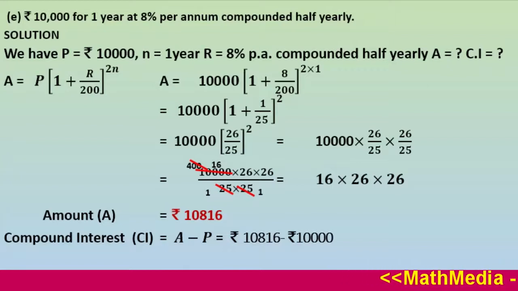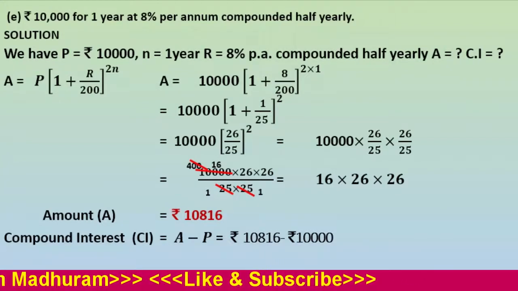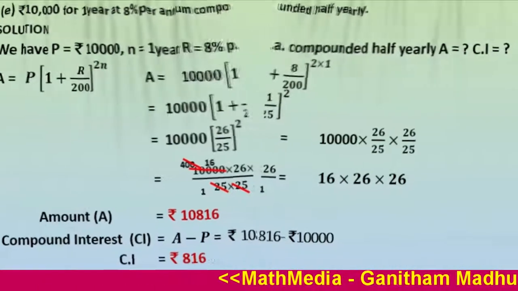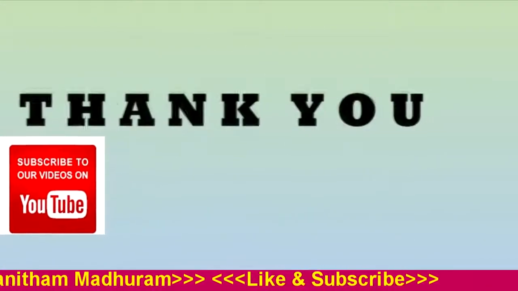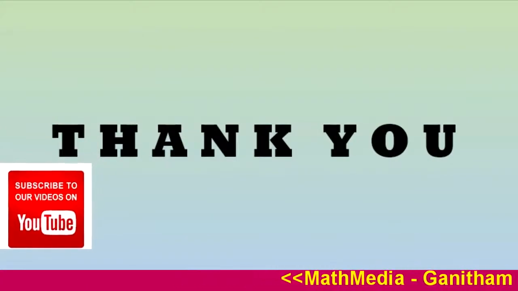If we subtract this, we will get answer as rupees 816, which is our compound interest. Hence the amount is rupees 10,816 and the compound interest is rupees 816.